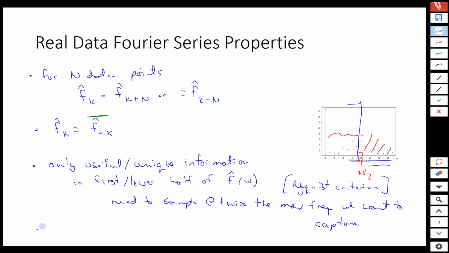Well, if you think about that 0 value, it's the sum of all the function values from n equals 0 to big N minus 1, in the general case, times e to the 0. Well, e to the 0 is just 1, and so this is just the sum of all the measurements.